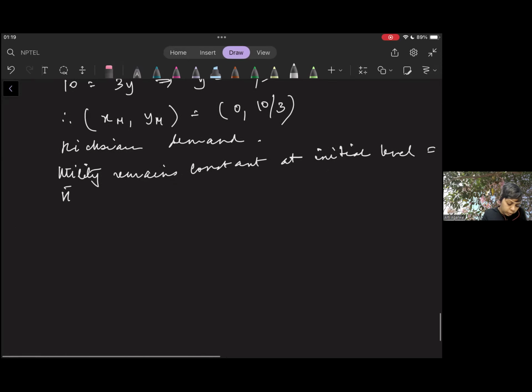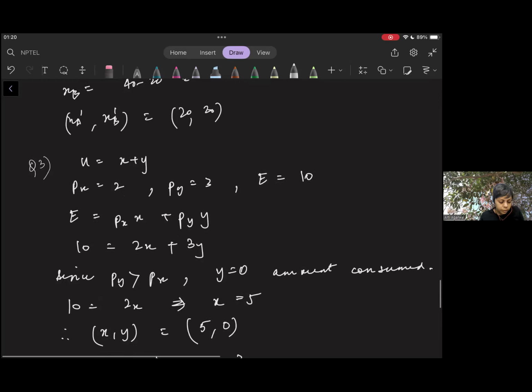So u bar is equal to x plus y. And what was the initial value of x and y? 5 plus 0. Therefore, u bar is equal to 5. Right? This much is clear. Any questions about this?